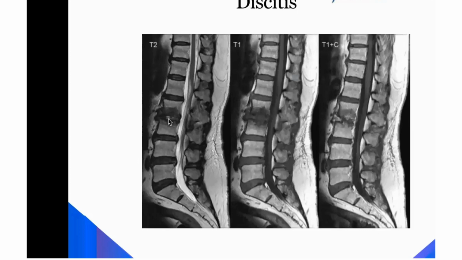So this is a discitis case. We can see there's a lot of body changes over here. This is T2, this is T1, and this is contrast enhancement. You can see there's a collection inside over here, and this is getting enhanced. So this is a case of discitis.